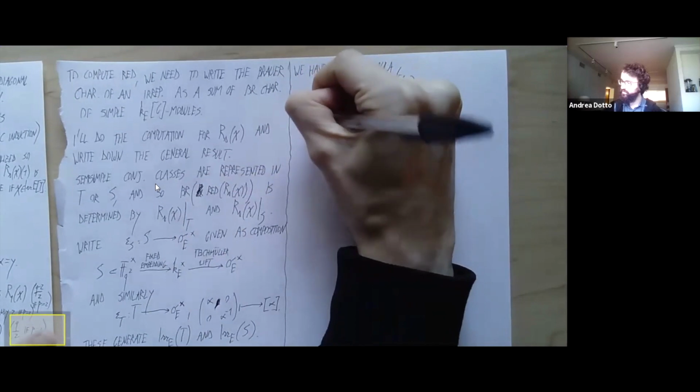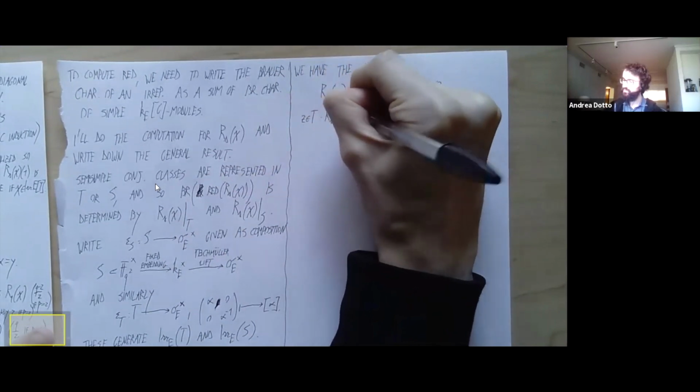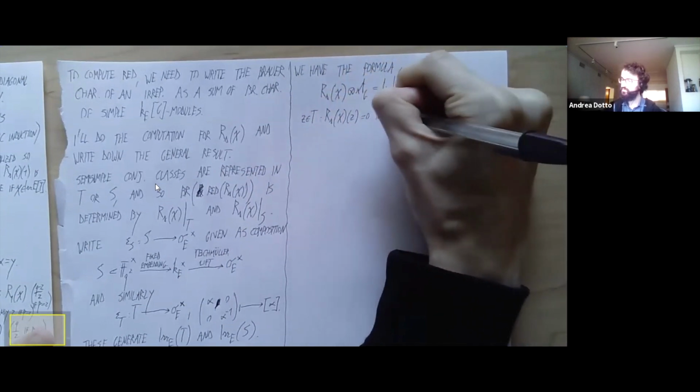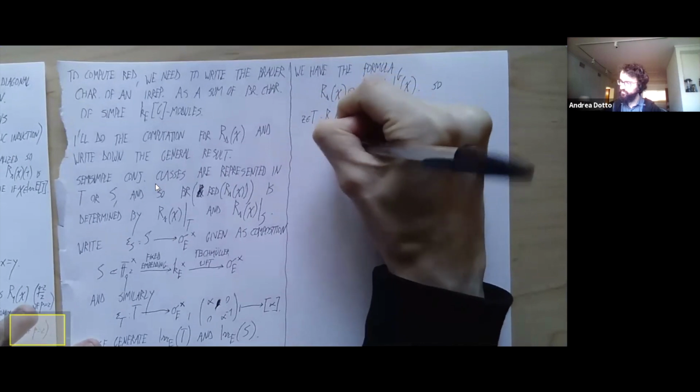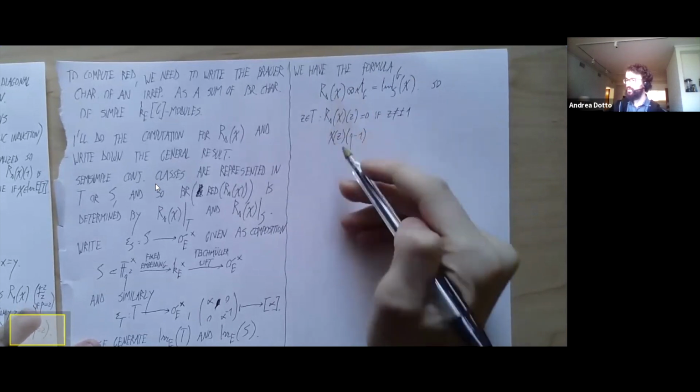And you find that if Z is contained in T, then RS chi of Z is equal to 0 if Z is non-central. And this already follows from the Mackey formula, I guess. And otherwise, you just take the dimension of this representation times the value of chi at that.